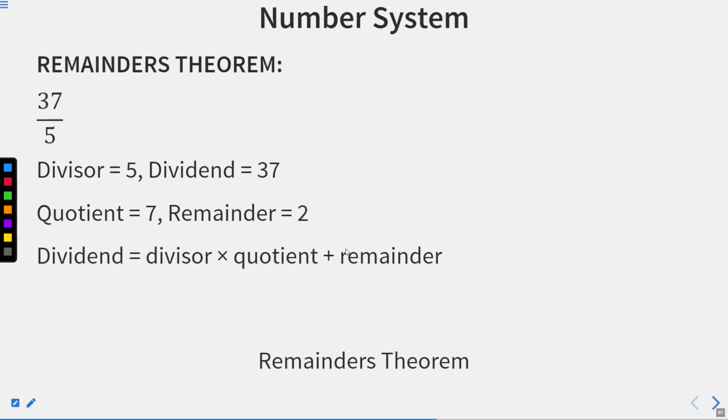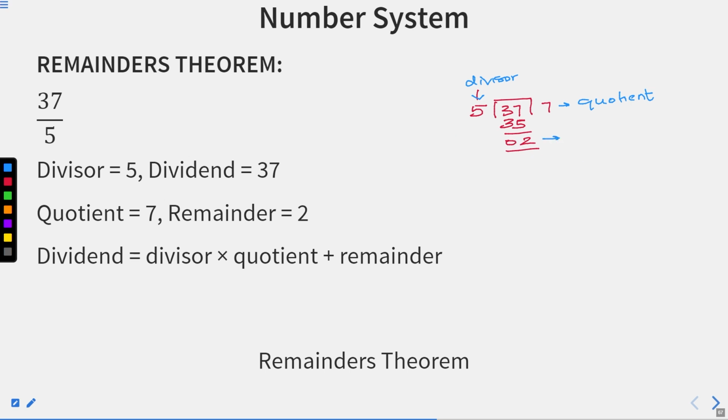So what is the remainder theorem? Suppose you divide 37 by 5. What you do here is, you stop here. This 5, we call the divisor. This 7 is the quotient.